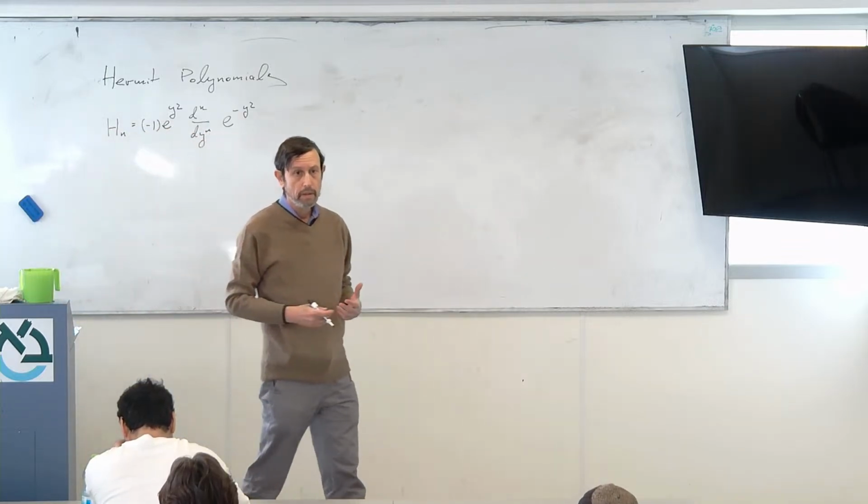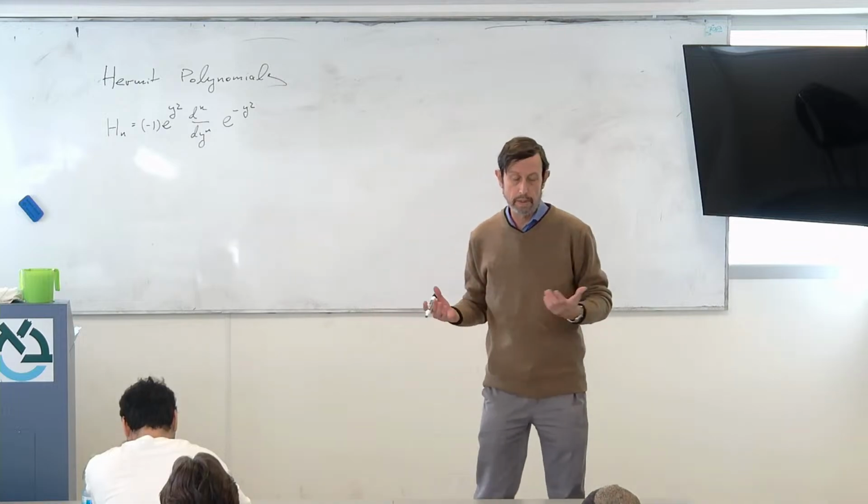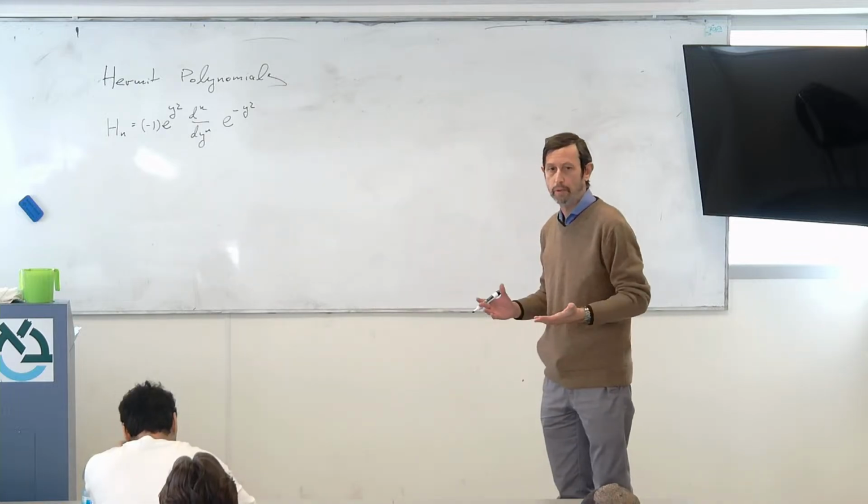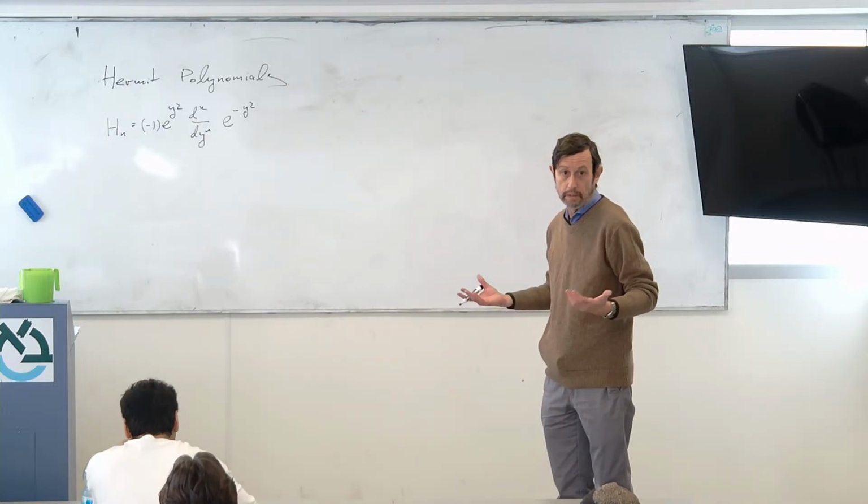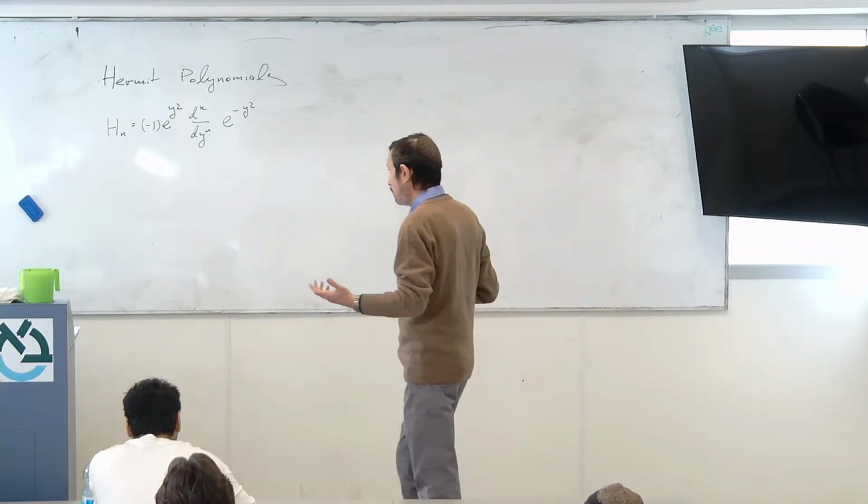And in order to explicitly write down the Hermite polynomial for any n, we basically have here an algorithm.